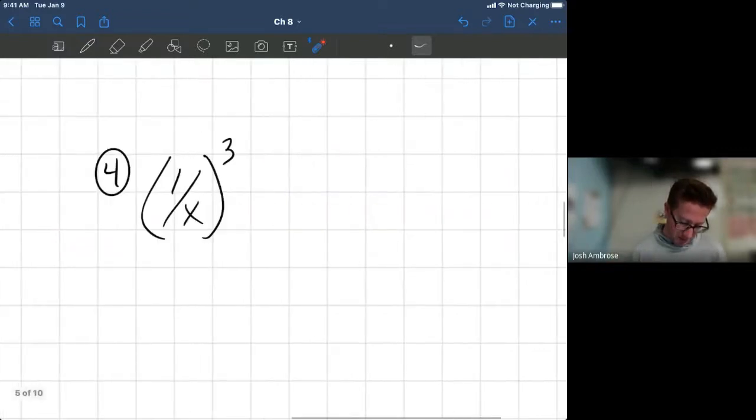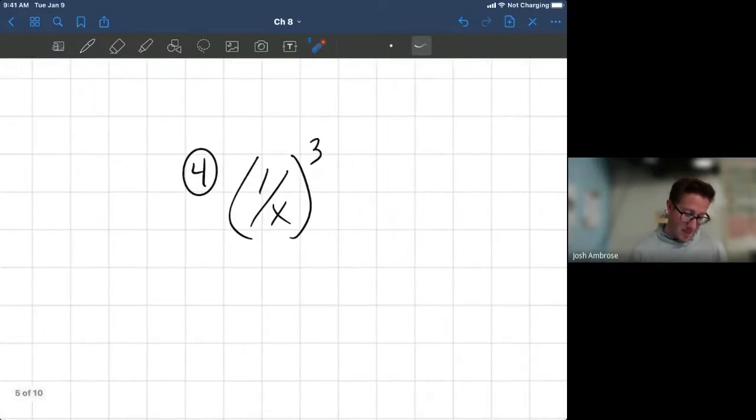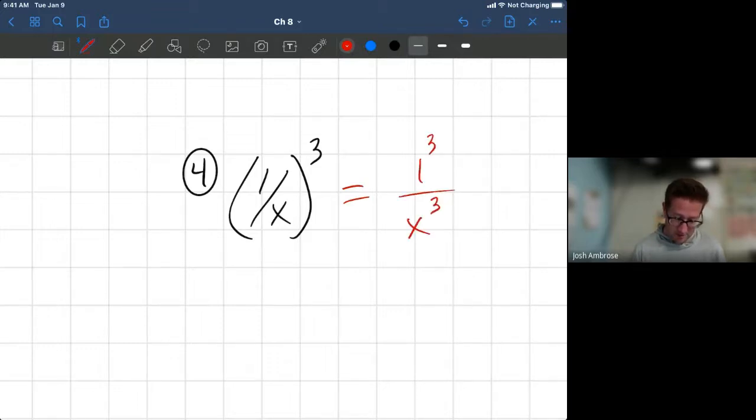All right, fourth example problem. We have an x on the bottom, we have a 1 on top. We're still given a fraction that we have to distribute an exponent to. So if we write this out, 1 to the power of 3 over x to the power of 3, this could be simplified. 1 to the power of 3 is 1.